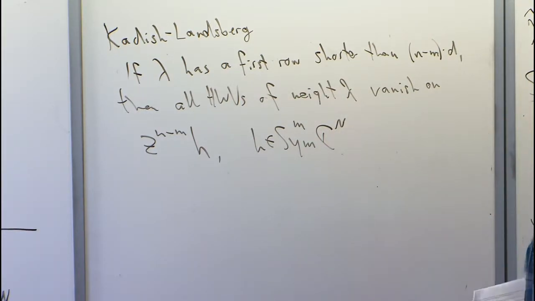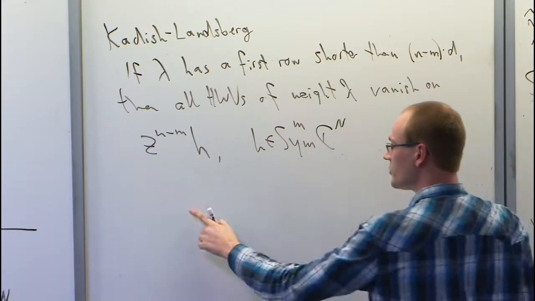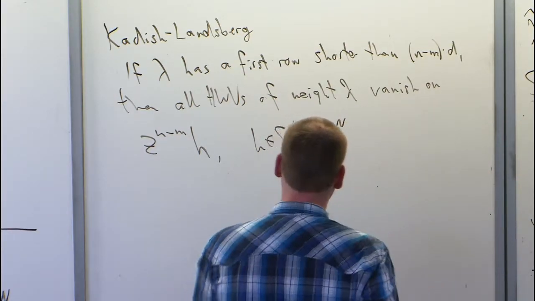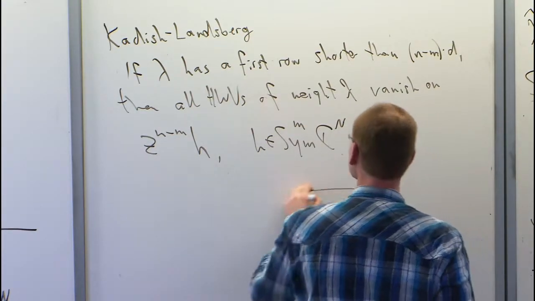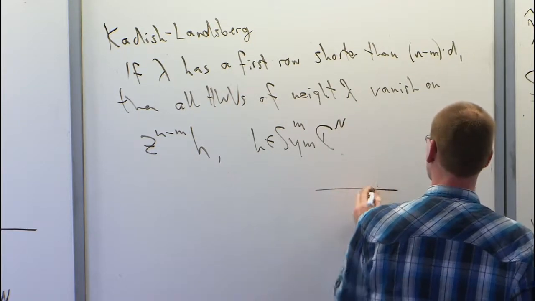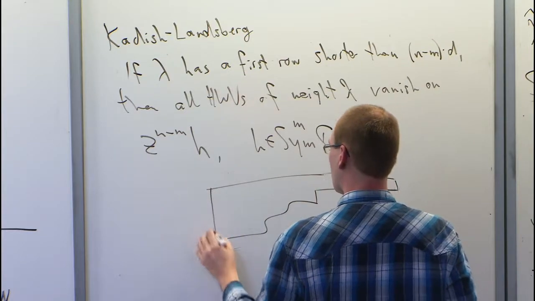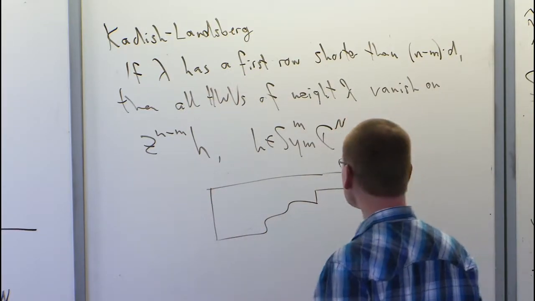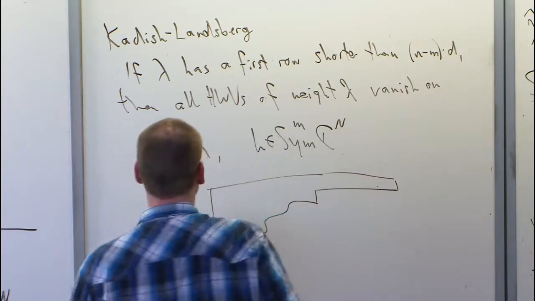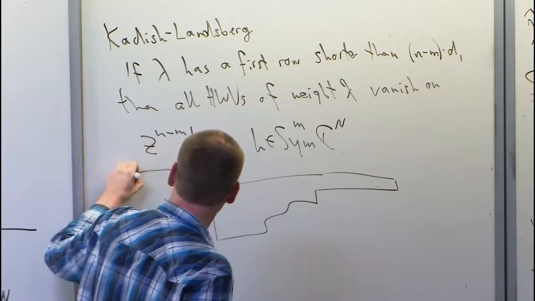So now I see, this follows now, because what you do is you write down your tableau. Say you have a short first row, and then you have some other stuff here. And now what happens is, if you evaluate at this h, that's important.